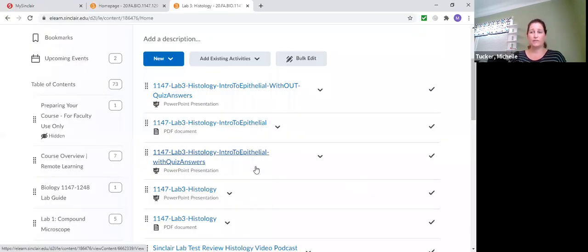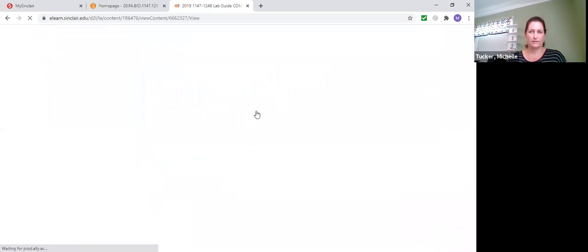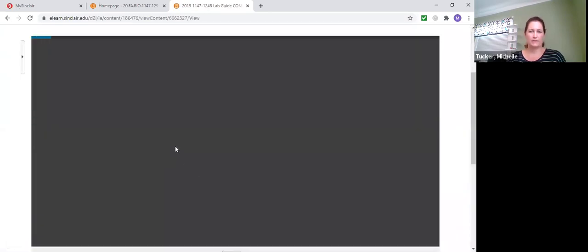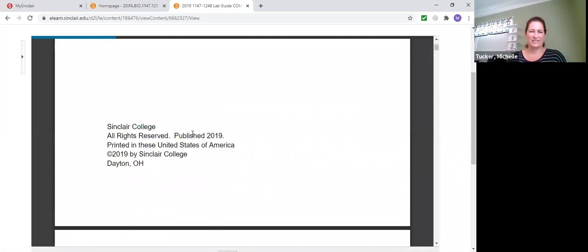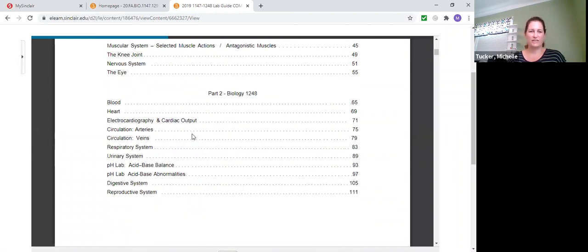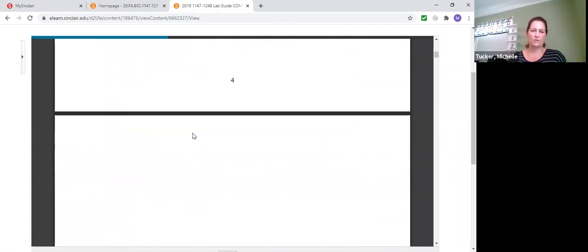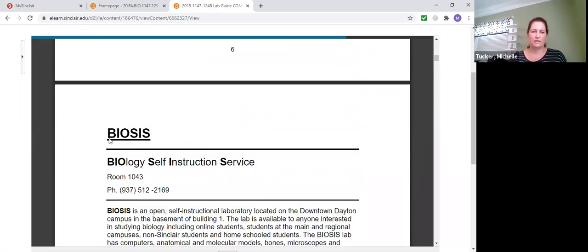So we're going to talk for just a second about your lab guide. The slide presentation also says to make sure you complete pages 28 and 29, and I'm going off of this, so if you happen to have a hard copy, I think it's pages 20 and 21.